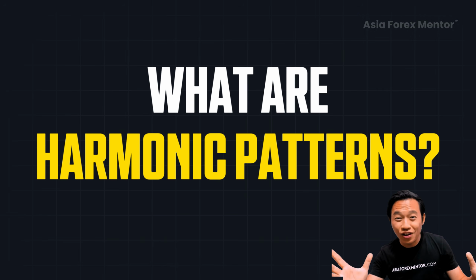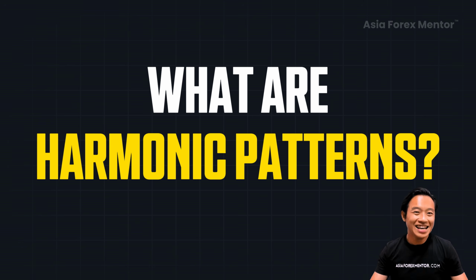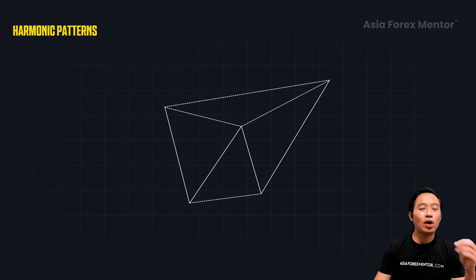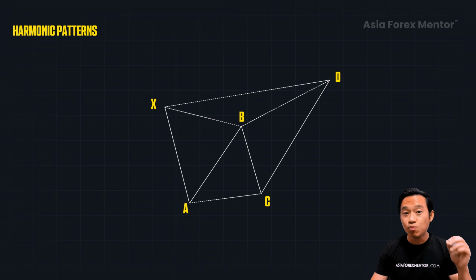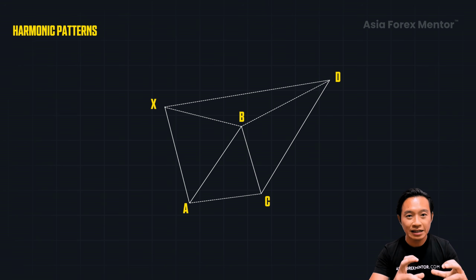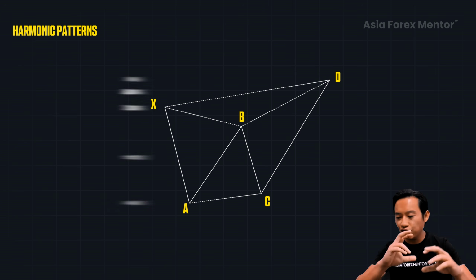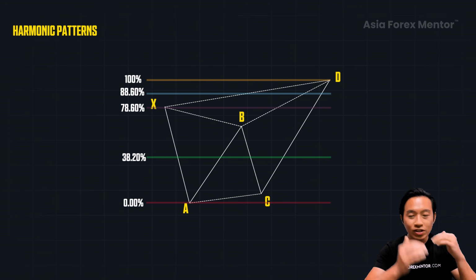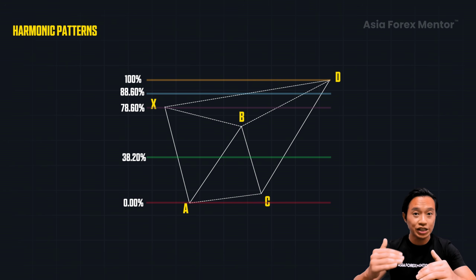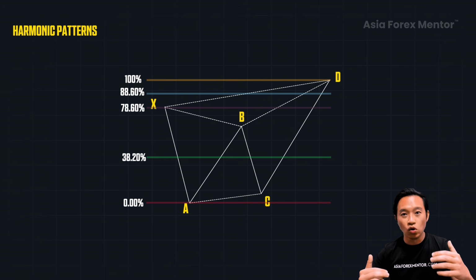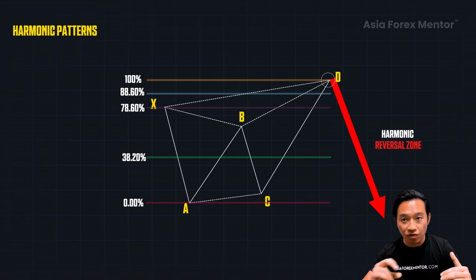Okay, so first off, what are harmonic patterns? Harmonic patterns are price action formations where a series of price movements follows specific Fibonacci ratios. When this consecutive price movement aligns with these ratios, price enters what is known as a reversal zone.